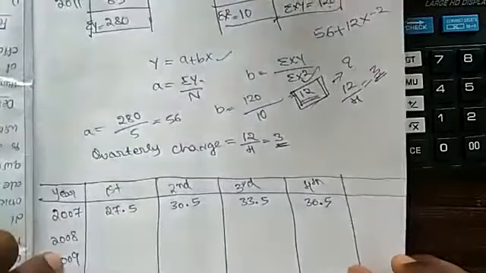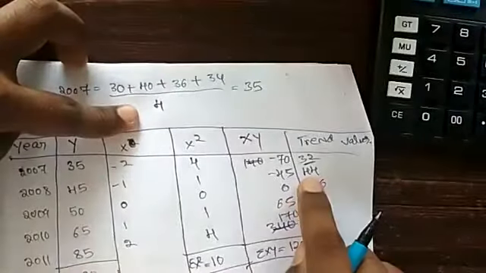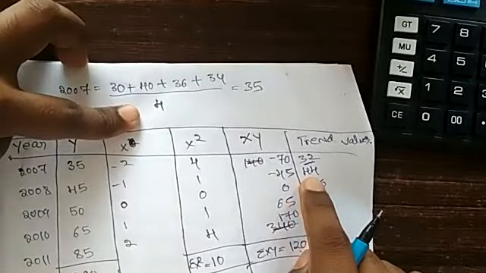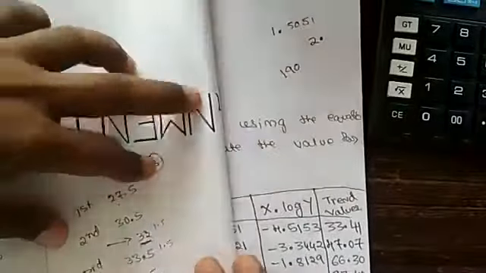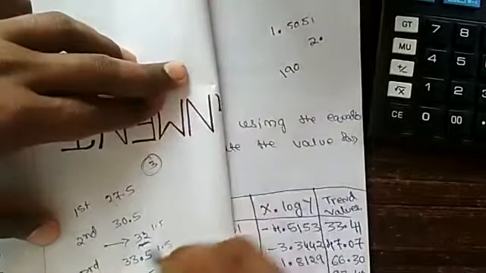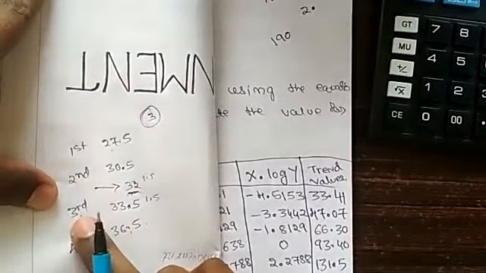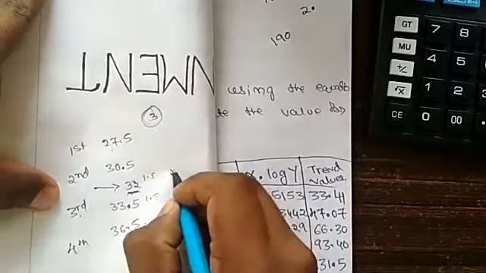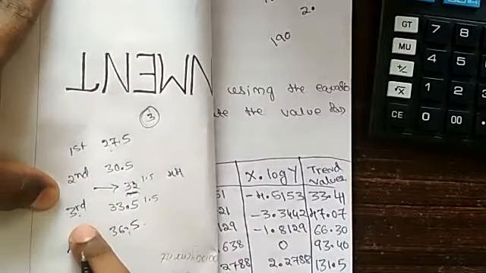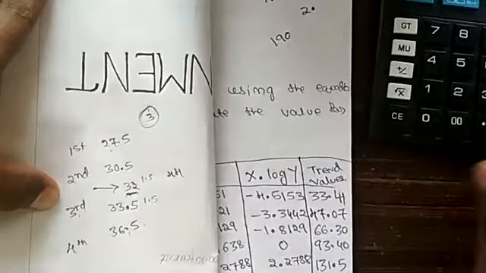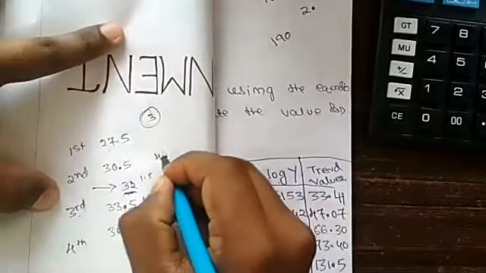Next, find out for 2008. The trend value for 2008 is 44. Again, I'll write here. So the trend value is 44, which lies between the second quarter and third quarter. And for the second quarter, 44 minus 1.5, that is 42.5.